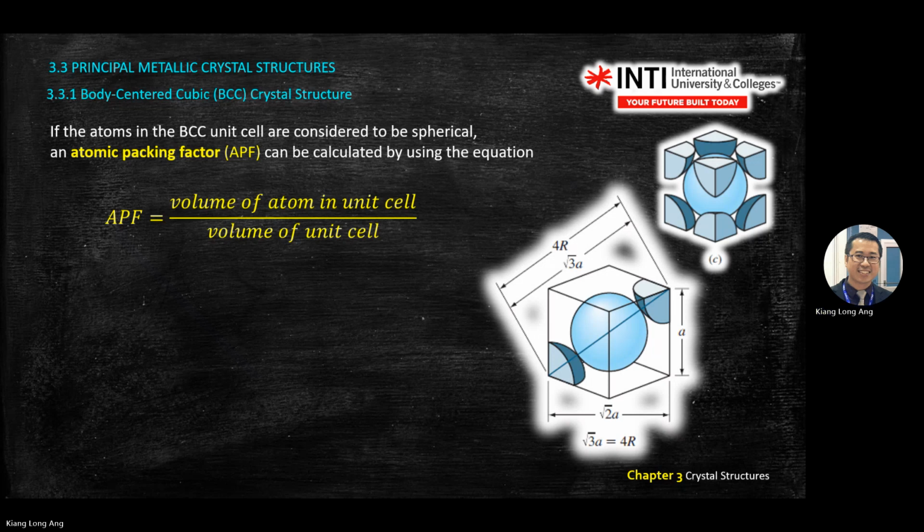How do you cancel? This is 8/3 pi r cubed, over 4 cubed, square root 3 cubed, r cubed. So cancel here and there.